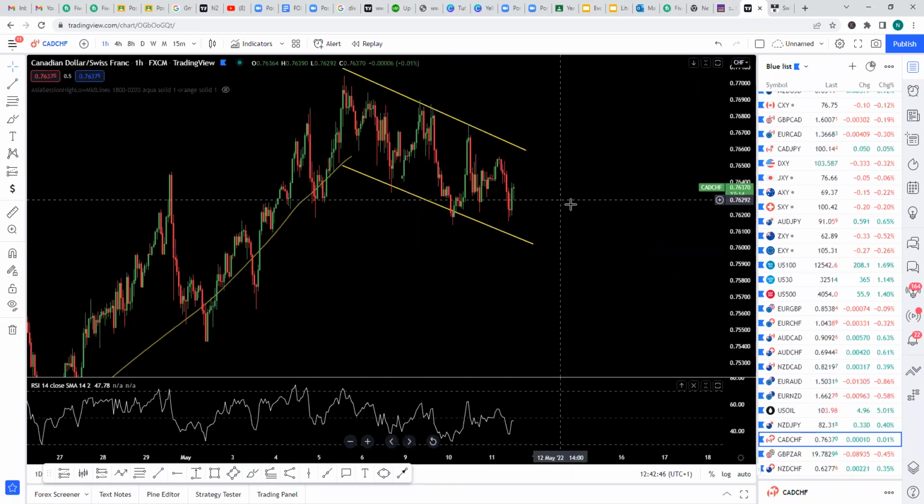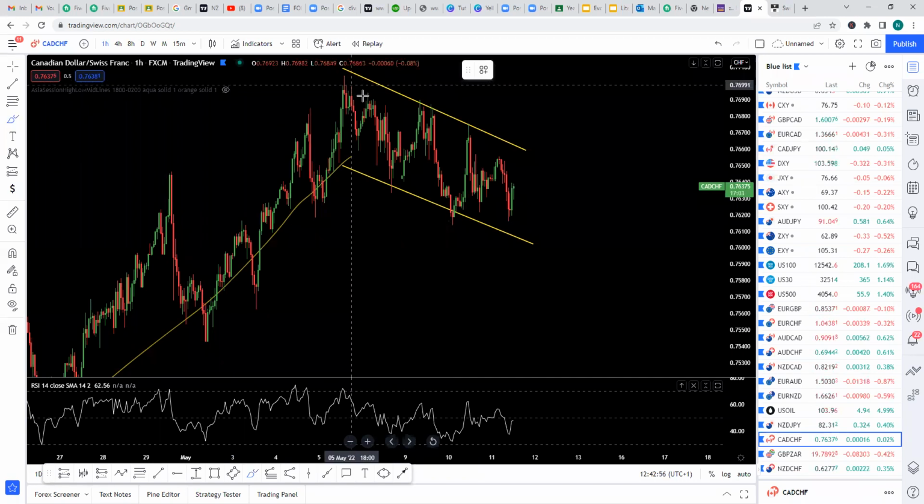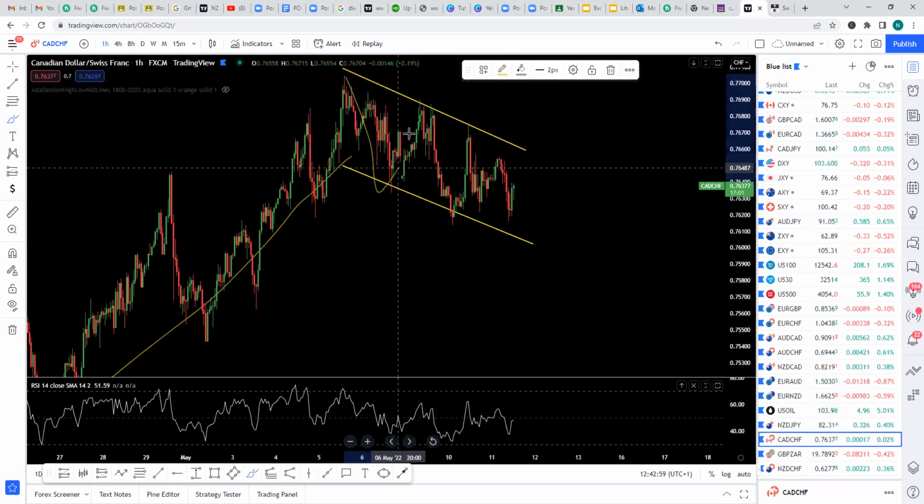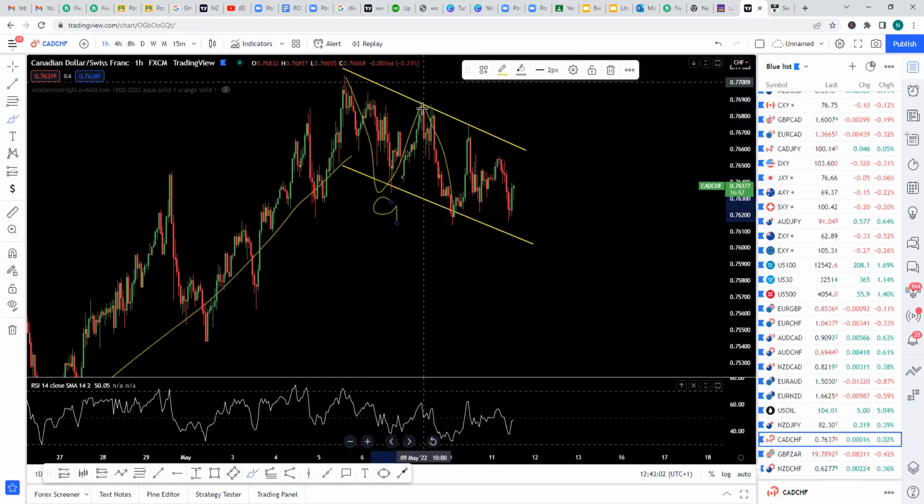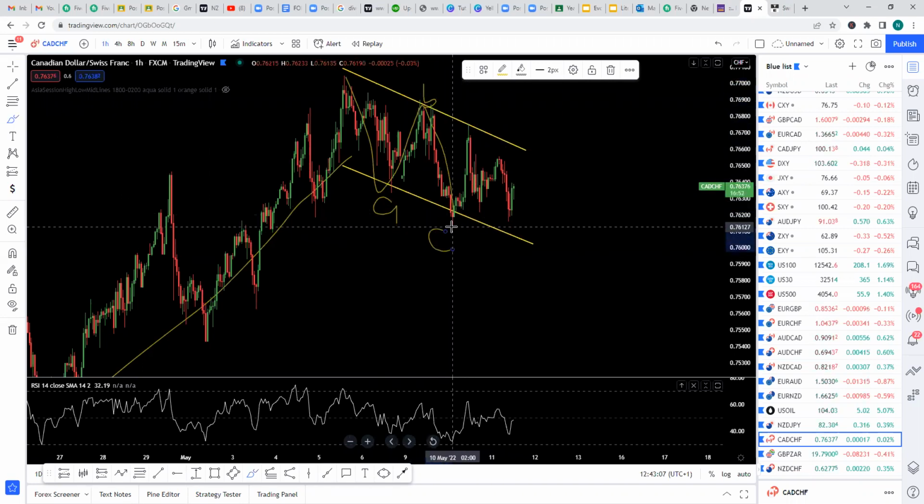This is a very clean flag. Another reason why I think we should get it is simple. You see that I'm looking at this as a corrective structure, A, B, C, a 3-wave corrective structure. So I already see this as a move.